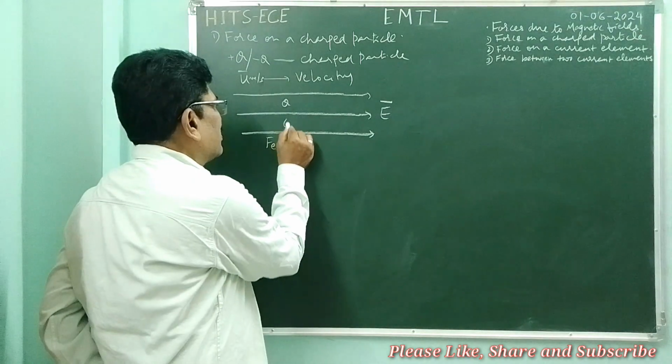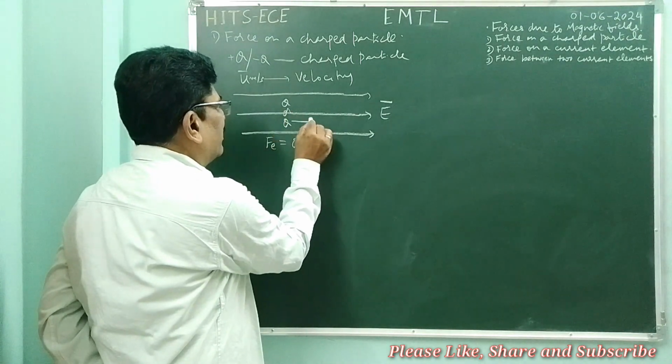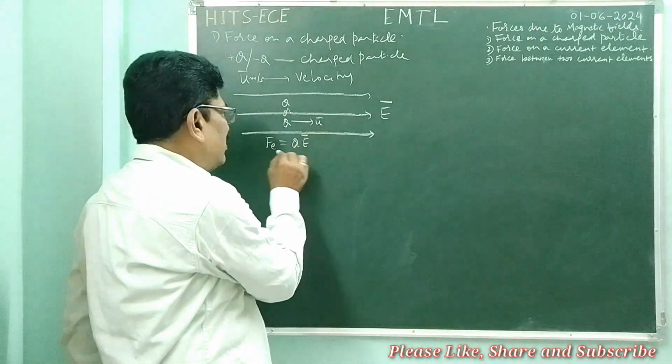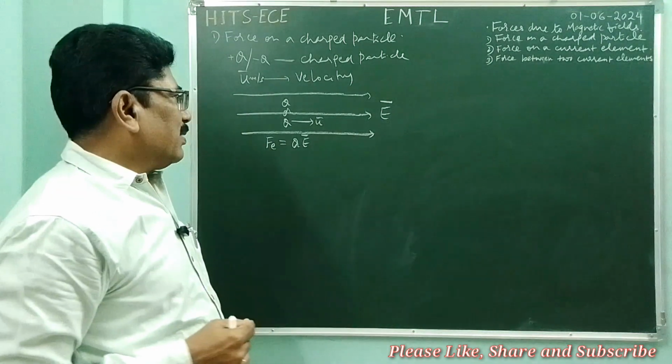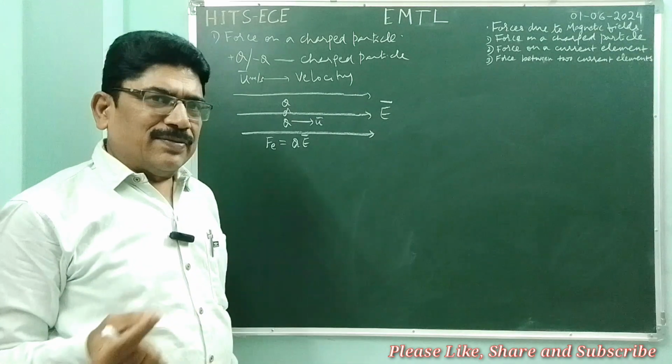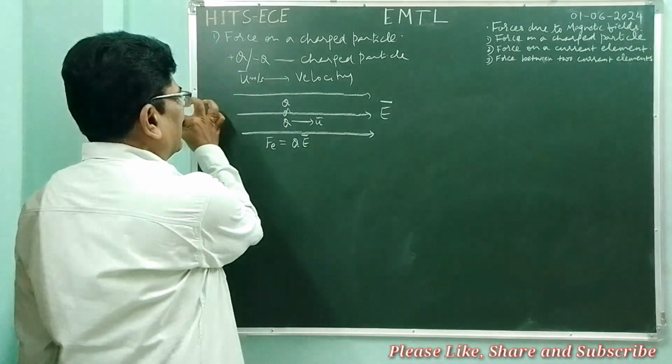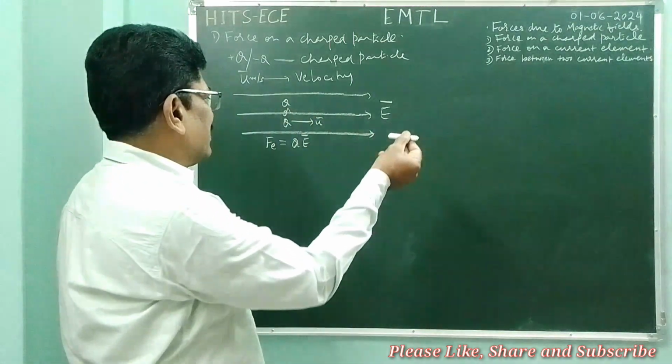Even if it is moving with velocity u, the same force will be exerted on that charged particle. It can be plus q or minus q. If it is minus q, the force will be in this direction. If it is plus q, force will be in this direction.